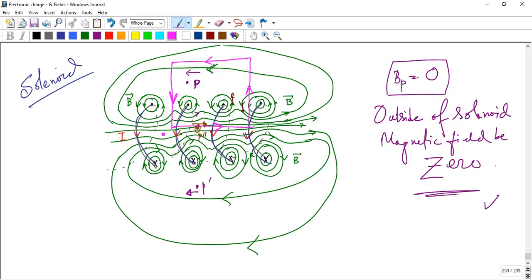Suppose there are four points A, B, C, D. So here is the total magnetic field in that Amperian loop. Next page.